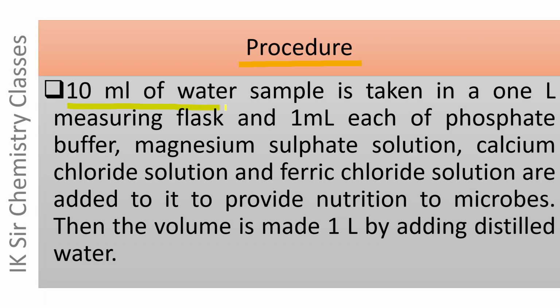100 ml of the water sample taken from a water body is taken in a 1 liter measuring flask. 1 ml each of phosphate buffer, magnesium sulfate solution, calcium chloride solution and ferric chloride solution are added to this water sample to provide nutrition to microbes.